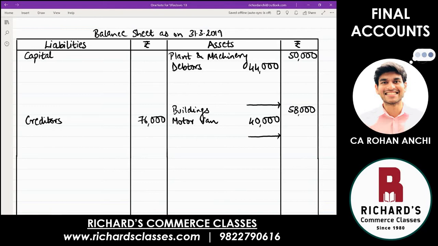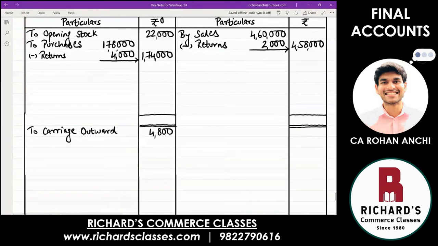Then next is printing and stationery. That is an expenditure, profit and loss account, debit side. Below carriage outward, write down to printing and stationery, that is 3000.